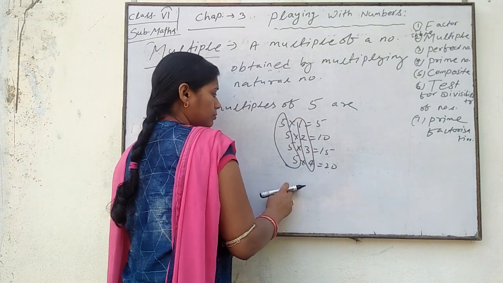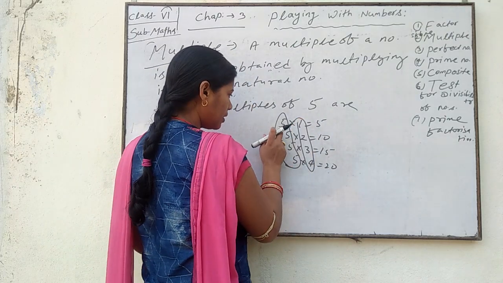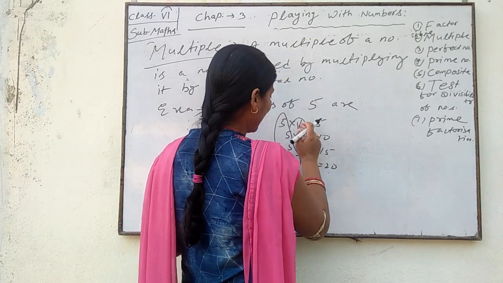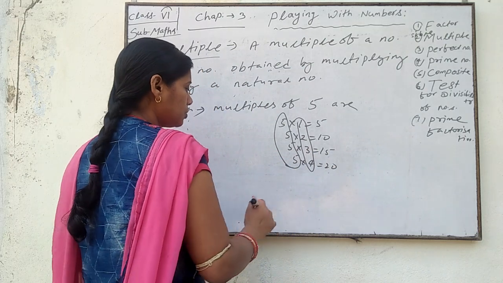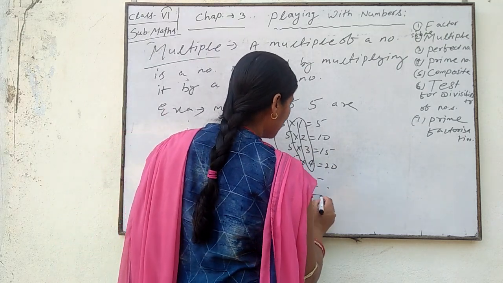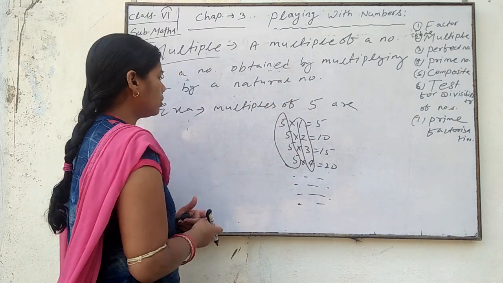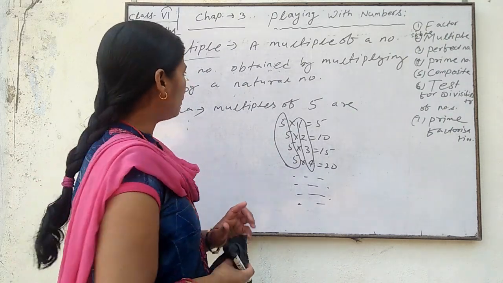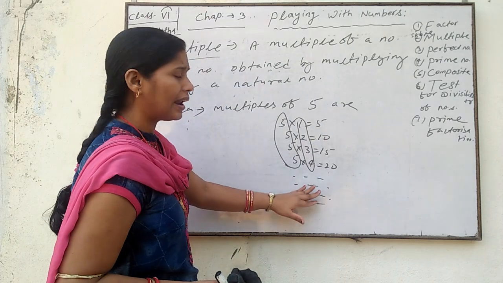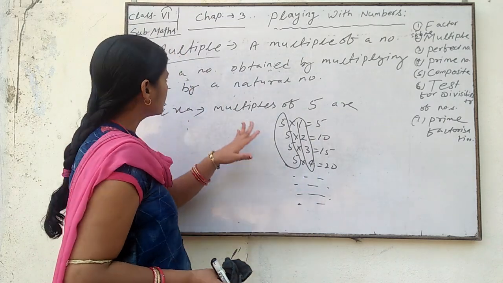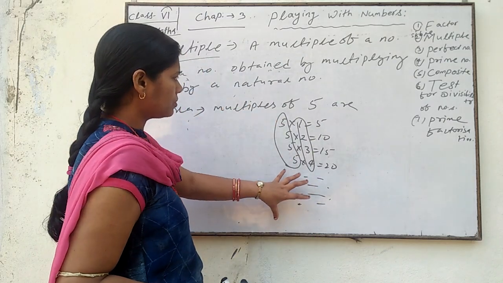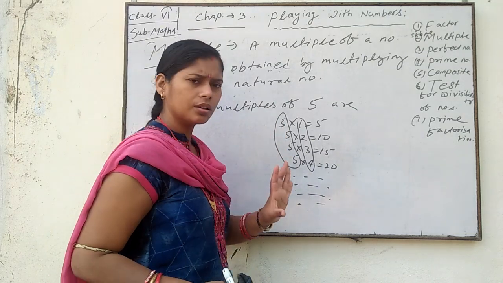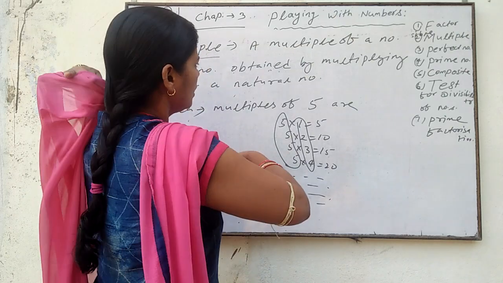So multiples means the given number multiplied by natural numbers. There are infinitely many multiples, but factors are limited while multiples are unlimited. You can find so many multiples of a given number.